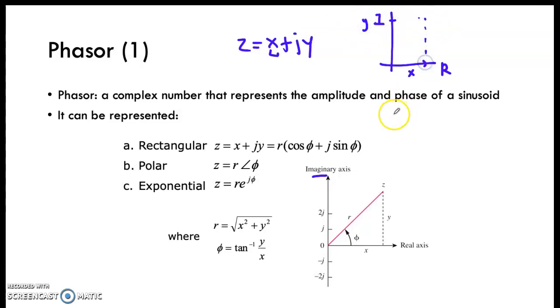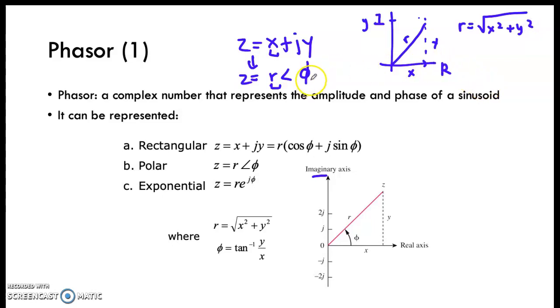If we want to change this to the polar form, what is r and what is phi? r is the length, found using the Pythagoras theorem: r equals the square root of x squared plus y squared.